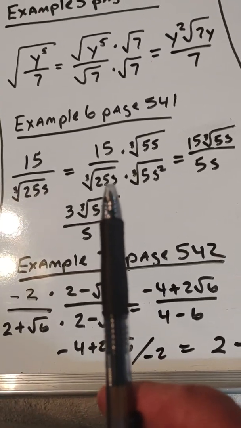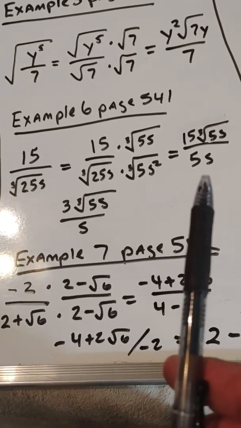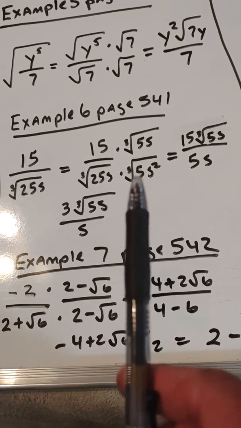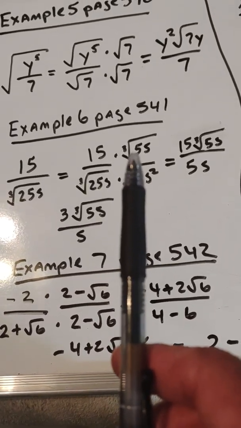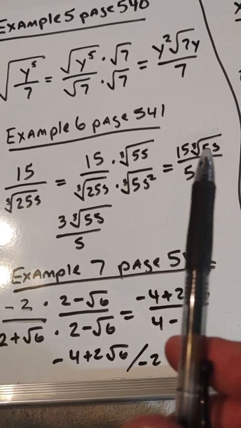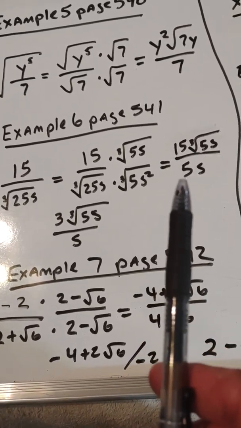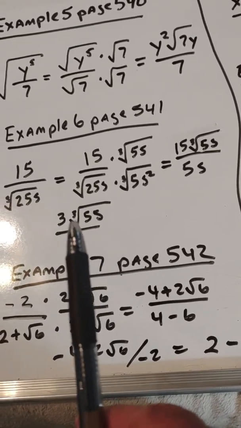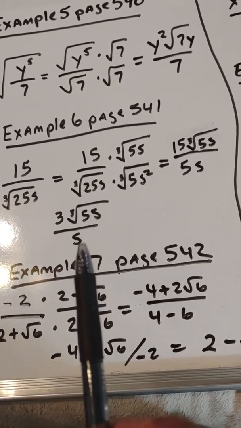That cube root of 125s cubed gives us 5s on the bottom. But when we multiply cube root of 5s squared on the bottom, we've got to multiply it on the top. So that gives us 15 cube root of 5s. This 15 is divided by this 5 and gives us 3. So simplified, this is 3 cube root of 5s over s.